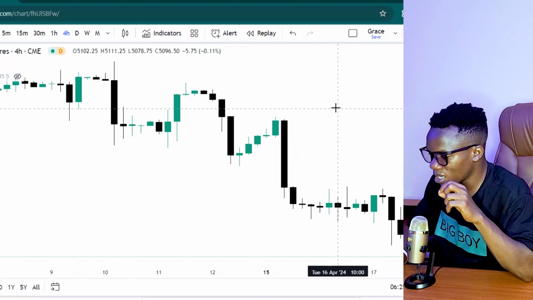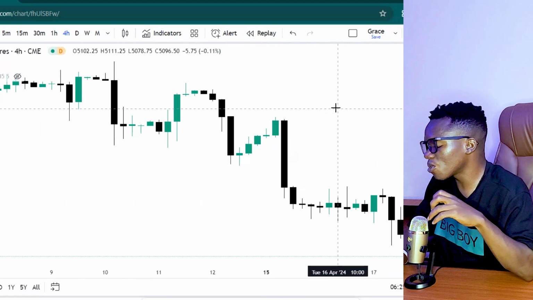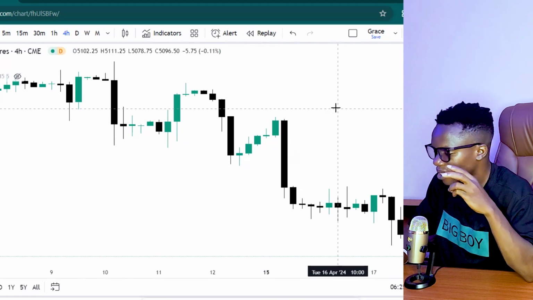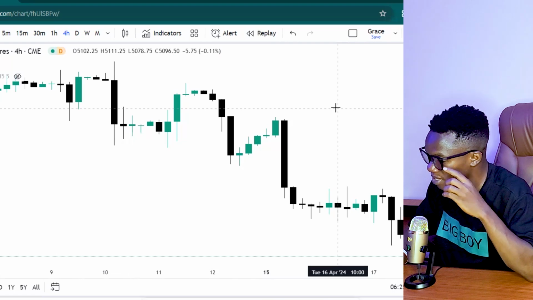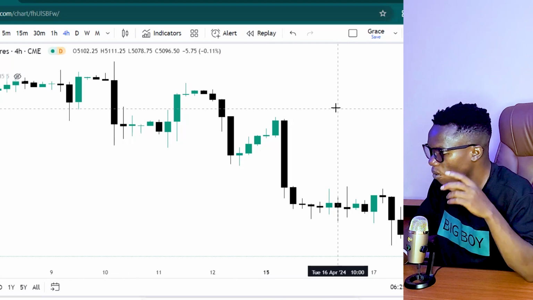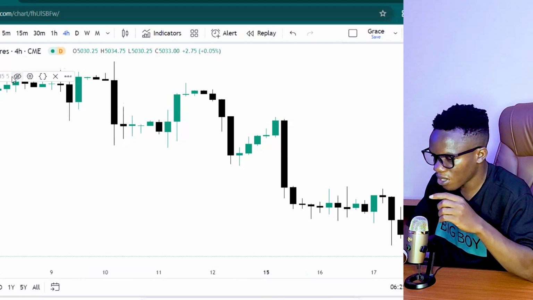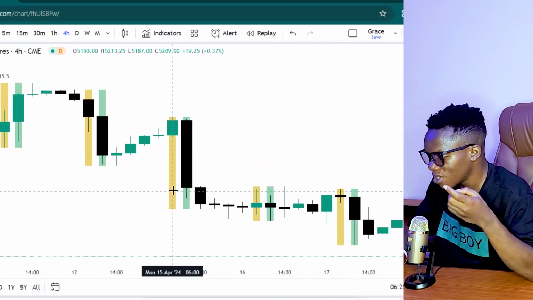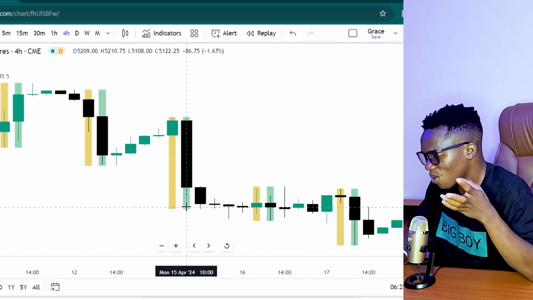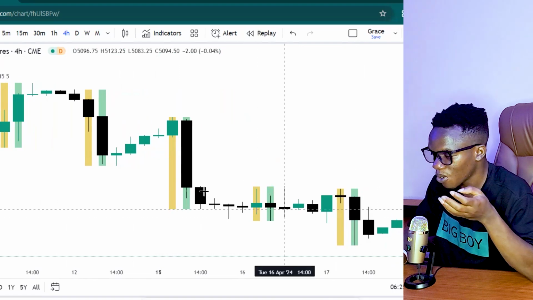I want you to understand one thing. Every session in the market, for example Asia, London, New York, and especially the key zone of these sessions, are usually 4 hour candles. For example, if I turn on my indicator that shows my key zones, the yellow one is the London session, the green one is the Asia session, and then the New York session.